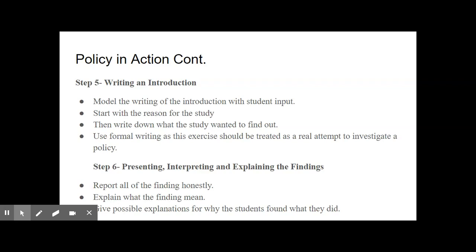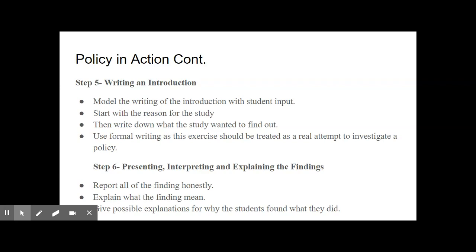So in step 6, you're going to present, interpret, and explain your findings. You're going to make sure you report all your findings honestly, even if it seemingly contradicts the point that you're trying to make. Any argument you make should be based on the facts that you found. You're going to want to explain what the findings mean, because just having a bunch of statistics and a bunch of information doesn't really mean much.